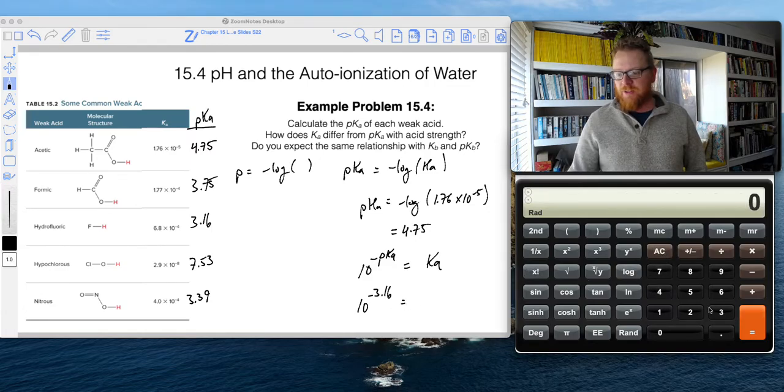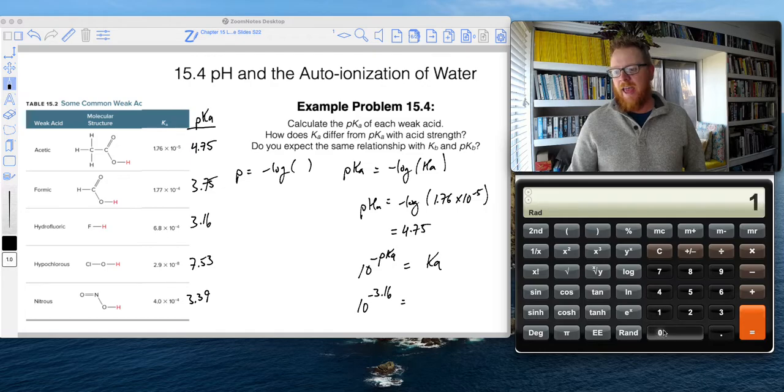The way I do this on a scientific calculator, I say 3.16 negative. And then I've got a couple of options here on what I can raise it to. I think I can do this button here and say 10 equals, nope, that wasn't it. Okay, so you're seeing me flub around here. So I suppose I could say, oh, you know what?